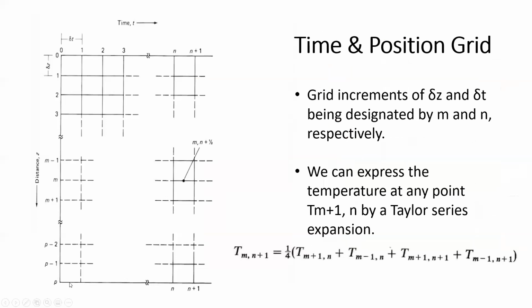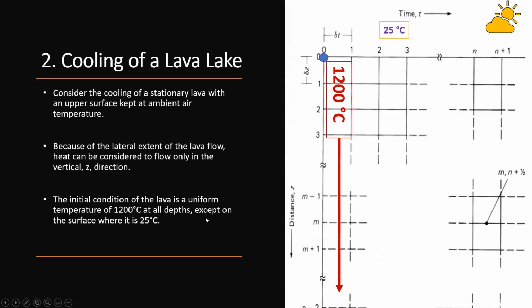At this depth, if you keep going further down, we're just going to assume it is the same temperature. So we're only going to have a row with that constant temperature, and then that's where we can end the model because it's a finite grid, right? Okay.